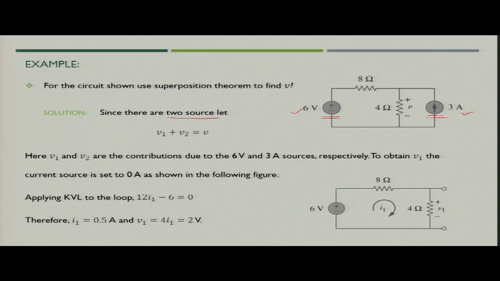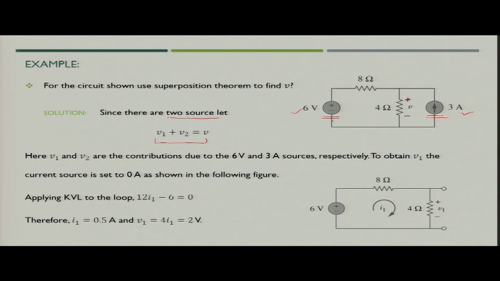Now, you need to find out the voltage across the 4 ohm resistor. So, you can say that you are dividing the circuit in two parts, taking one source at a time. First you will take the voltage source and second you will take the current source and analyze the circuit.